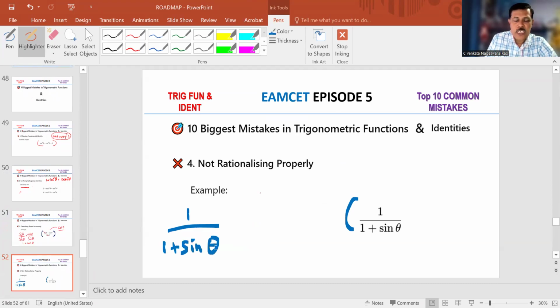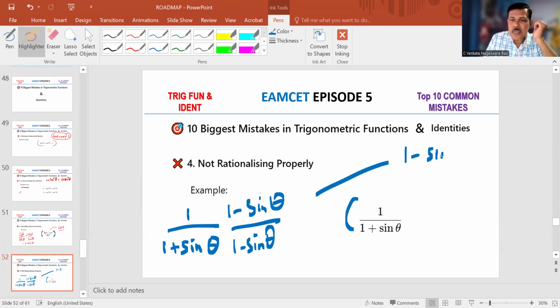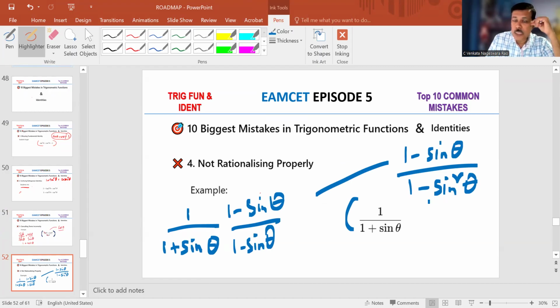Often we need to rationalize this, so we take the conjugate. Then the numerator becomes 1 minus sine theta, and the denominator is of the form a plus b into a minus b, so we write 1 minus sine square theta. But what is 1 minus sine square theta? Cos square theta. There is a further simplification you can do.